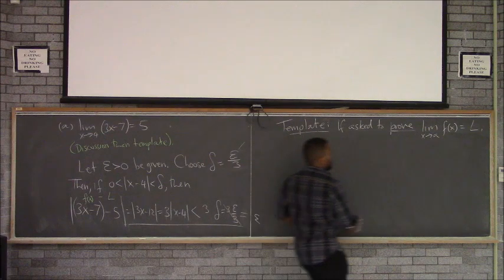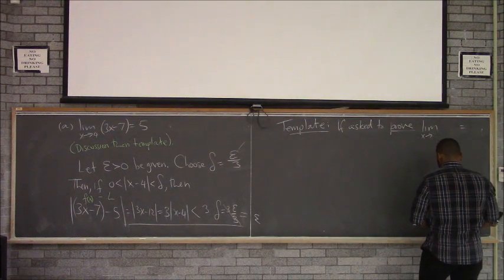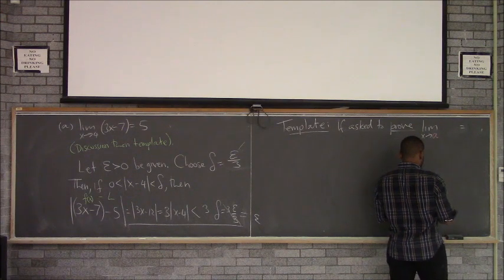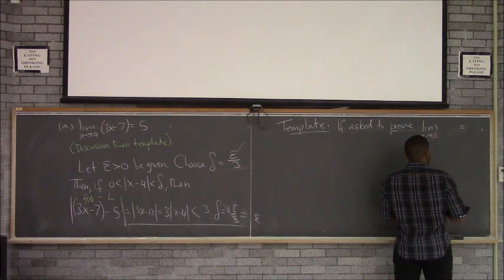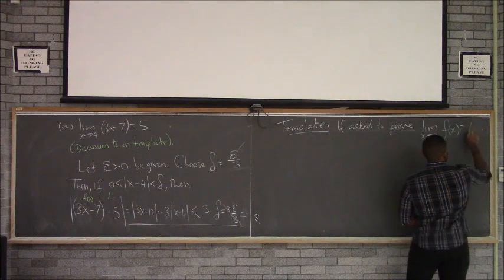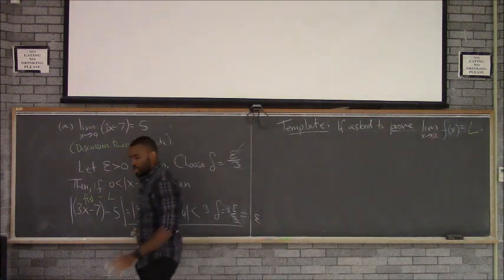Let me actually color code these things a little bit, because you're going to plug these into the template. So let's say my a is the red. It's going to be some number, obviously. And my f of x is blue. And this is L. Right? So if that's the question, here's how you're always going to start the problem.